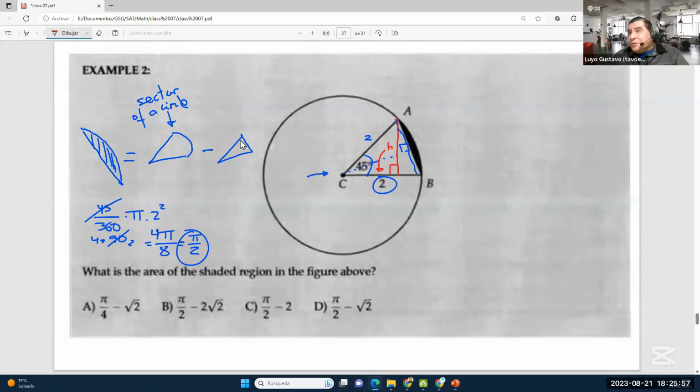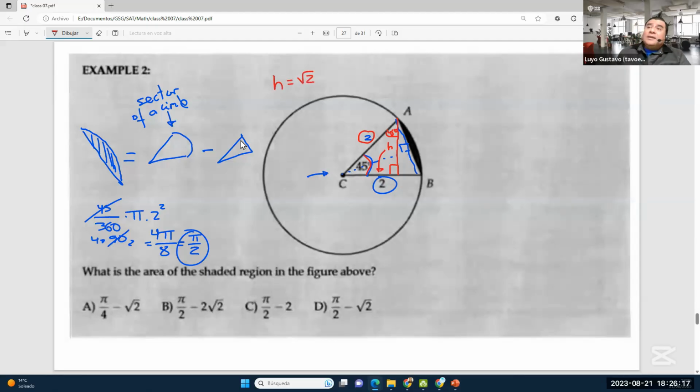Yes, because if you draw this red side, if you have 45 here, this is also 45, and you have the isosceles right triangle, right? According to the definition, if the hypotenuse in this red triangle is 2, then the height should be the square root of 2.